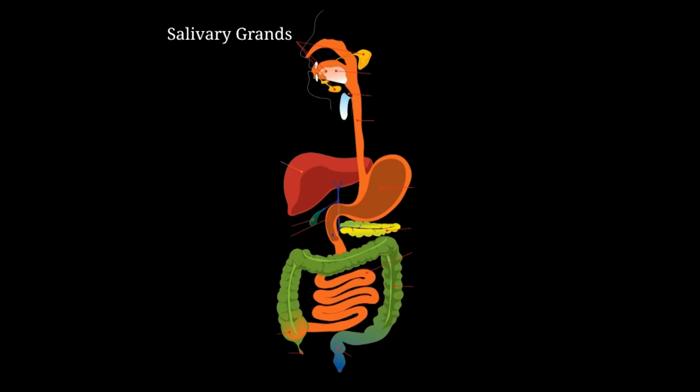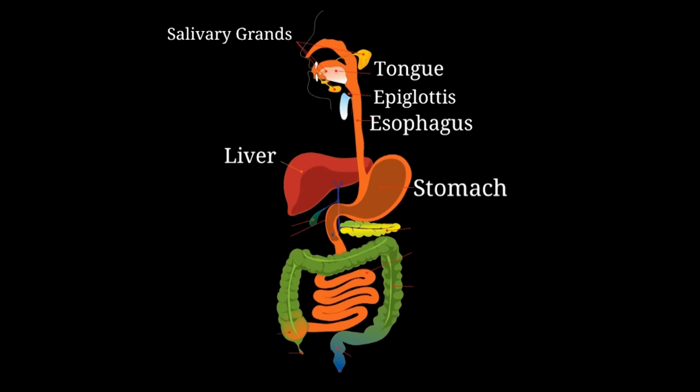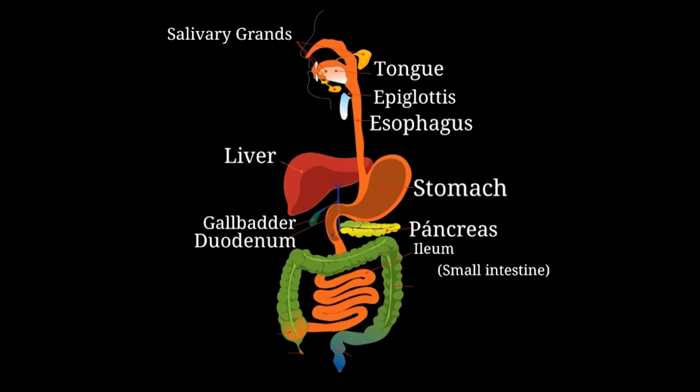Digestive system. Salivary glands, tongue, epiglottis, esophagus, liver, stomach, gallbladder, duodenum, pancreas, small intestine, colon, right?